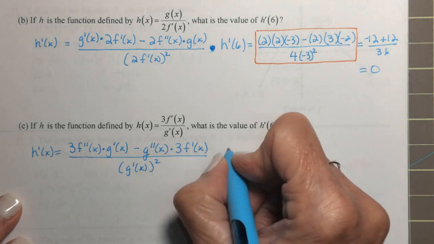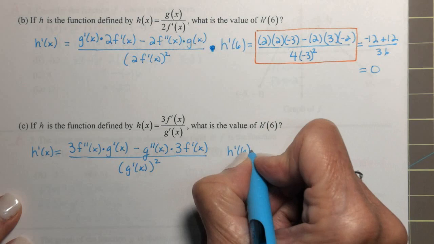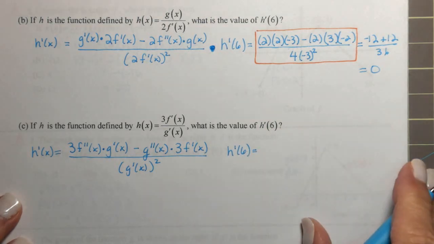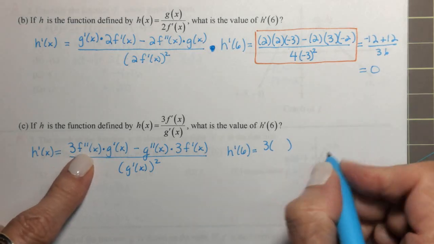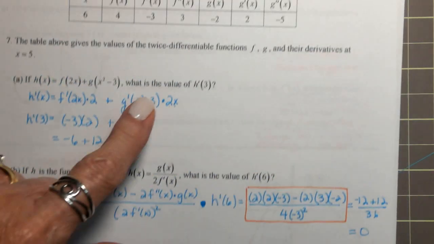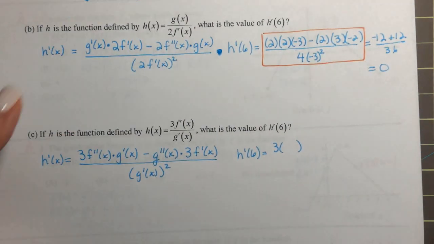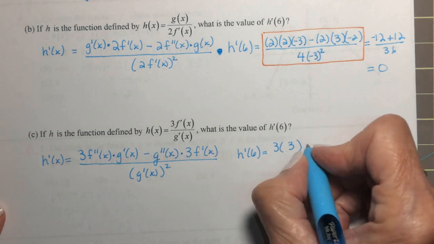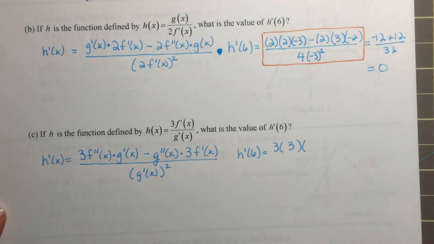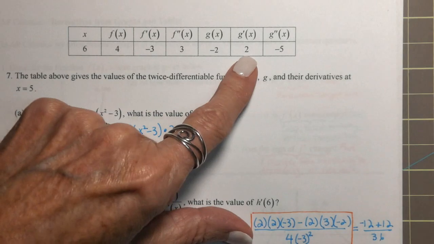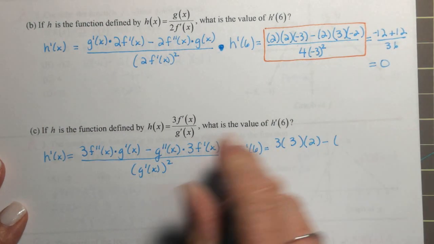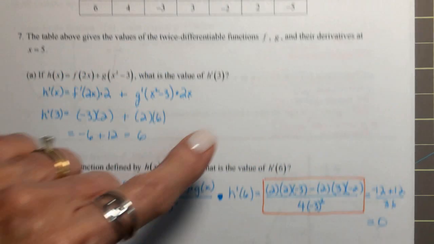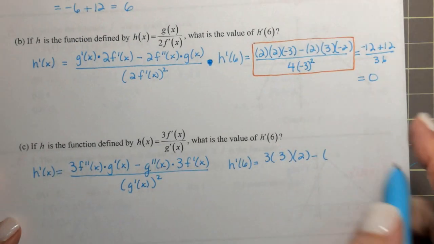Okay, now we plug in 6 for x. I got this 3. I need f double prime of 6. f double prime of 6 is 3. g prime of 6. g prime of 6 is 2. Minus g double prime of 6. g double prime of 6 is negative 5.